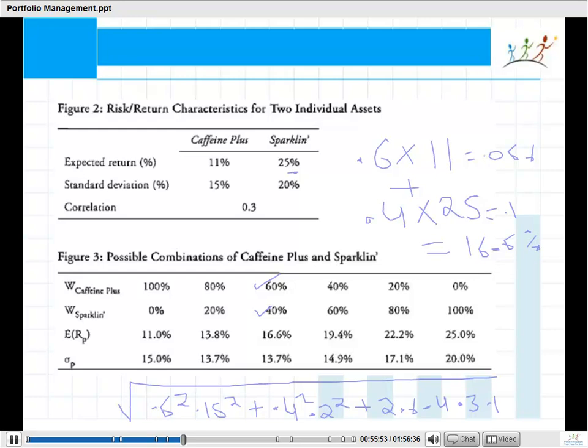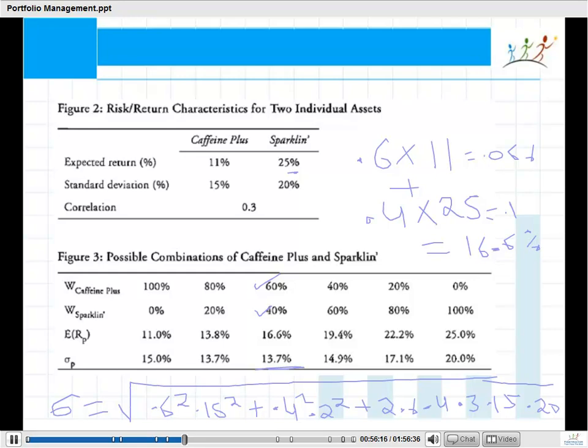Sigma 1 is 0.15, sigma 2 is 0.2. If I do this calculation, I will get the expected risk of the portfolio. Expected risk of the portfolio will come out to be 13.7%.